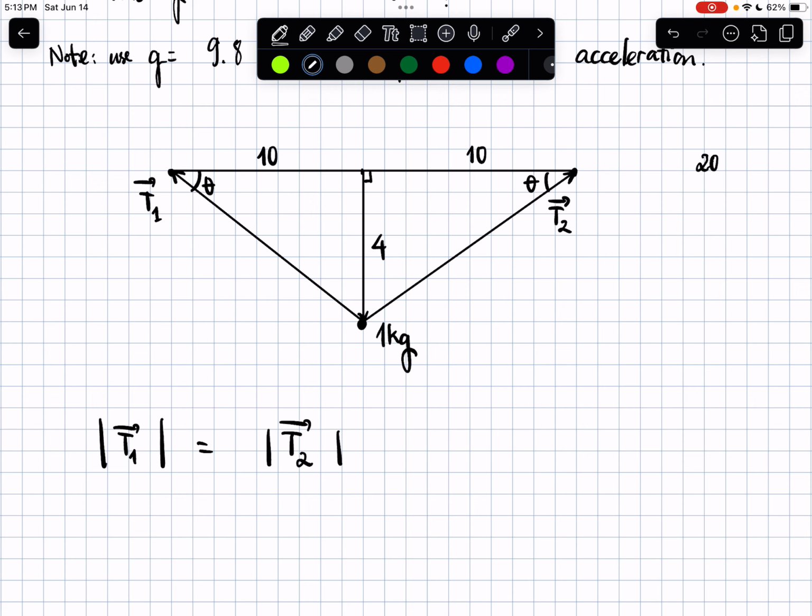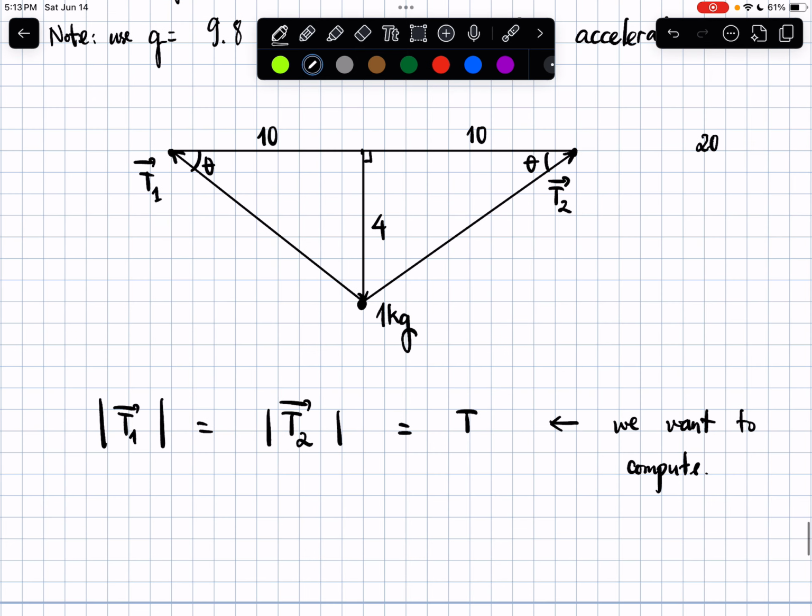Let me call it T. That's the magnitude of the 2 vectors we want to find. We want to compute it.